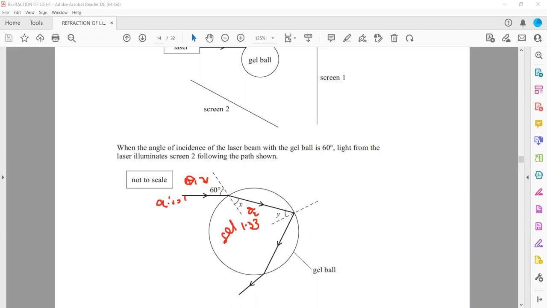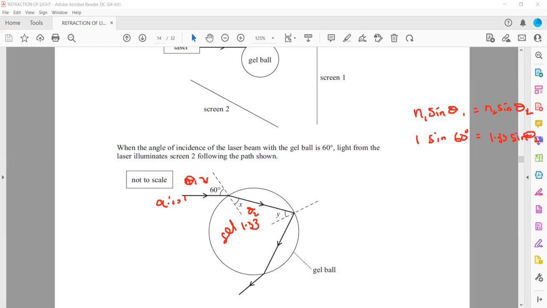The refractive index of air is 1, the angle of incidence is 60, the refractive index of the gel is 1.33, and we don't know the angle, so we are finding that.